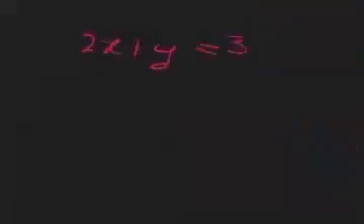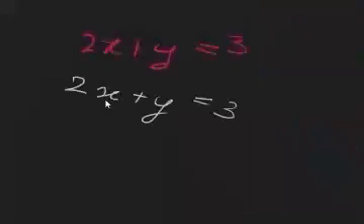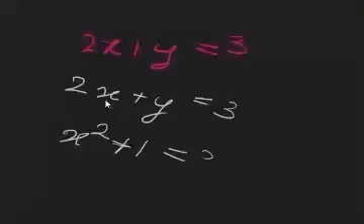You can't take 2x plus y equals 3 as a simple equation. As well as this one, x squared plus 1 equals 3. Here the index of the unknown equals a square value. So this is not a simple equation. You can't take this type of equation as a simple equation.